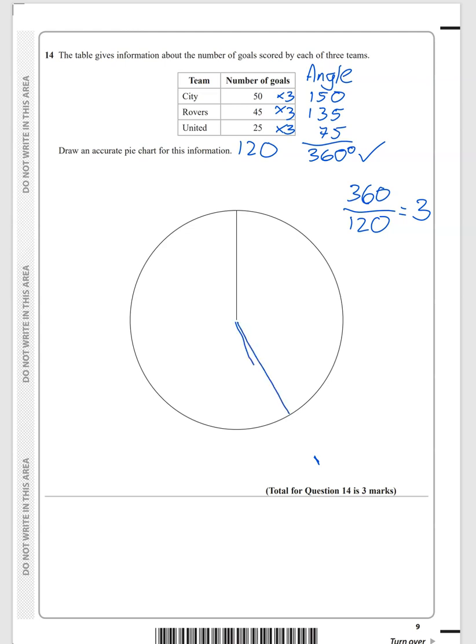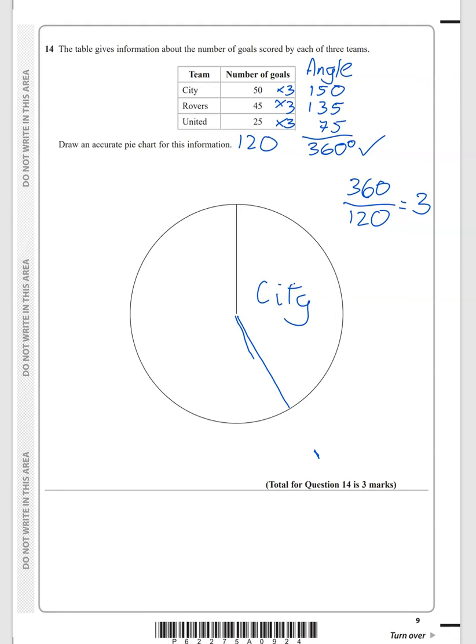So that's 150 degrees, so that's city. Now we need rovers. So rovers is 135. Again, putting my protractor on, starting at 0, going round to 135, which is there. And drawing my line.